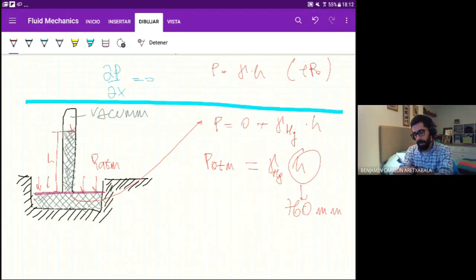Is that clear? In principle, you can do this with any fluid you want, but why do you think we do this with mercury and not water, for instance?